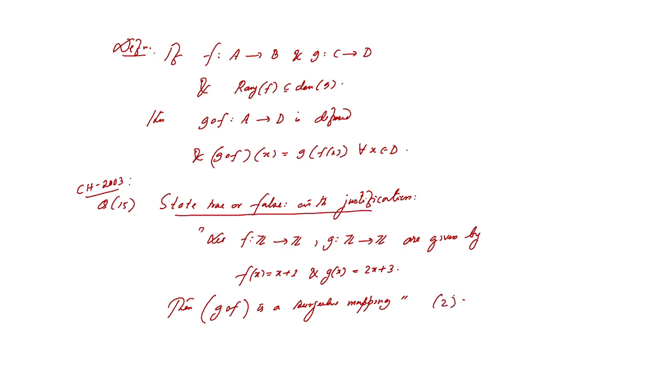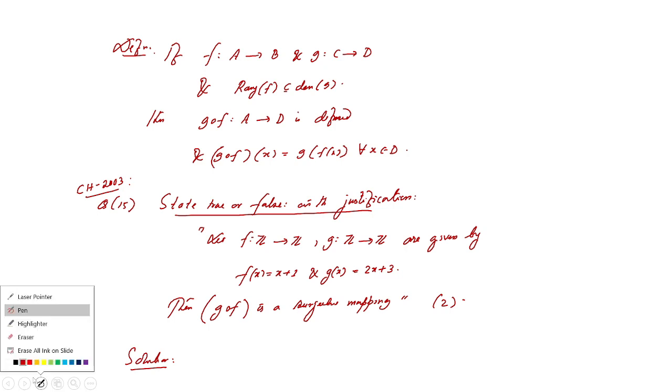So first we will find out G composed F, then we will check whether it is false or true. We'll come to the solution. We don't know if it is false or true, but okay, we'll justify. So what is exactly given as a function F?